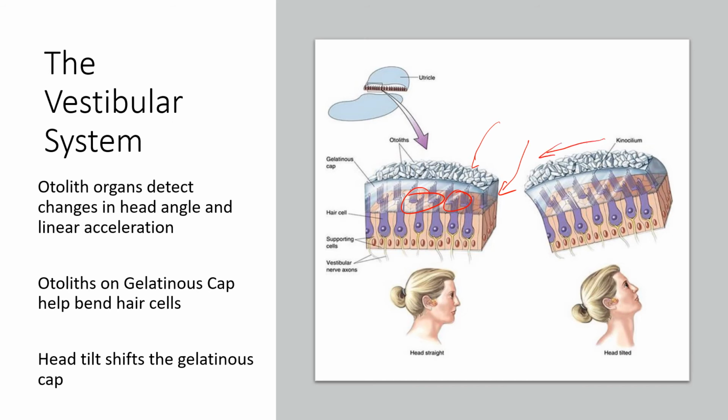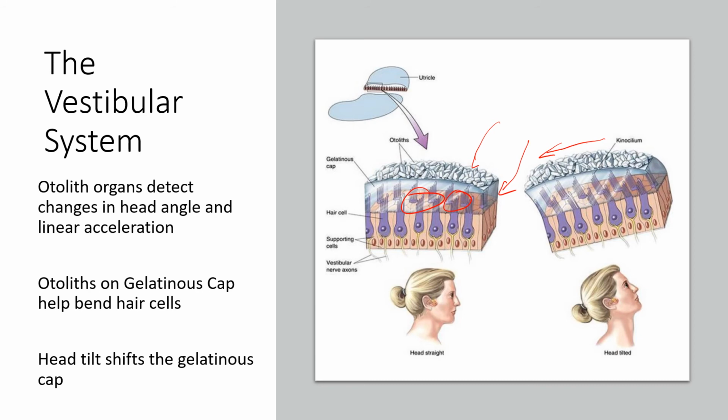So there's the fluid moving this way as the head tilts up. And as that happens, those otoliths pull that gelatinous cap back. When they do that, just like we saw with the hair cells in the cochlea, the tip links get stretched, we get activity increases.